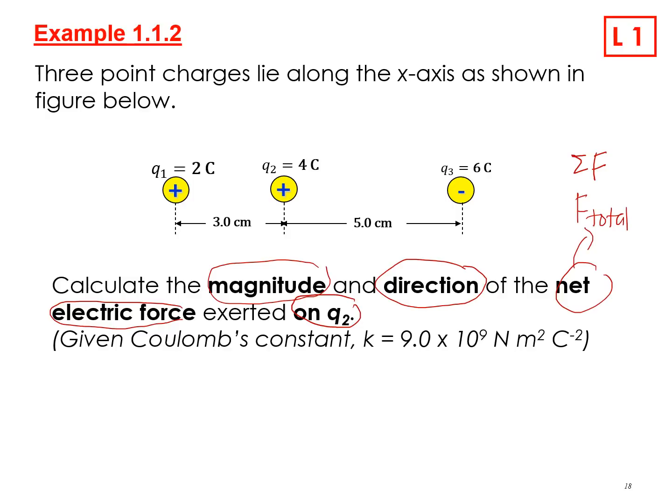If you draw the direction of electrostatic force on Q2 due to both charges, first we do the direction for electric force on Q2 due to Q1. Look here, Q2, Q1. On Q2, the direction of force will come from Q2.